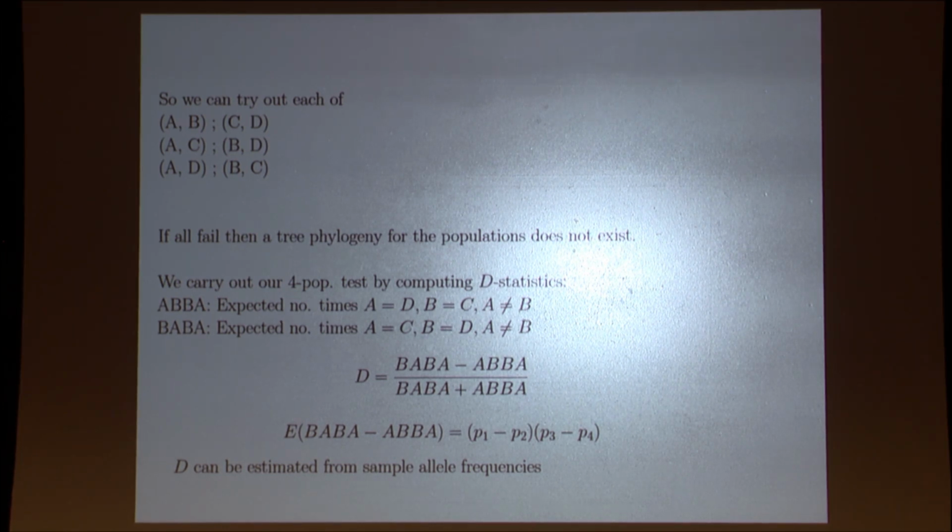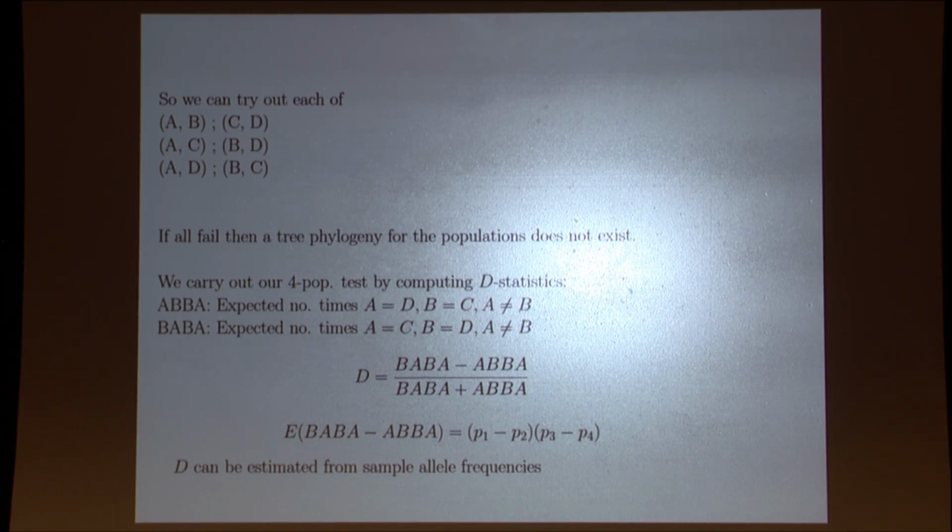Right. And if you understand what an ABBA event is, it should be within your mental powers to figure out what a BABA event is. So the F4 statistic, in effect, says that the number of BABA events should be the same as the number of ABBA events, up to statistical noise.